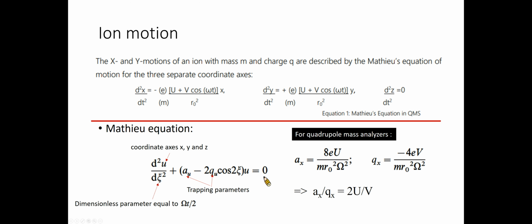By using the reduced terms a and q, the six-parameter equation can be simplified to a two-parameter equation.